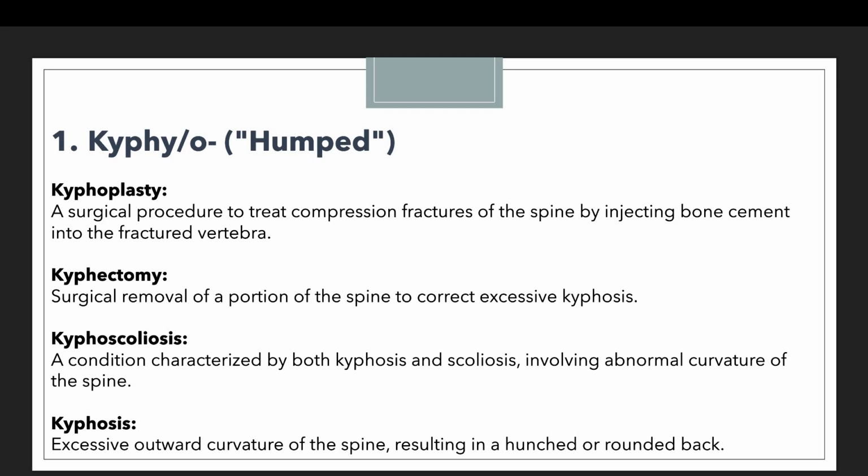The next example is kyphoectomy. What is kyphoectomy? It is a surgical removal of a portion of the spine to correct the excessive kyphosis. Kyphosis is an outward curvature of the spine resulting in a hunched or humped rounded back.